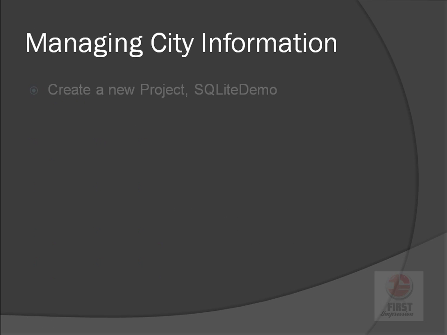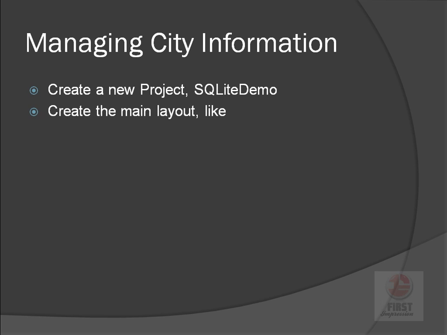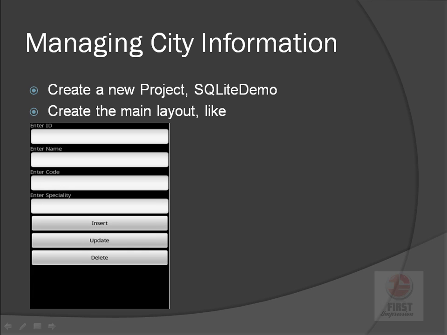Let's create a new project and call it SQLite demo and make the main layout look like this. Lots and lots of controls over here. Let me tell you how many controls we have on the screen. We have 4 text views: enter ID, enter name, enter code, enter specialty. We have 4 edit texts: txt ID, txt name, txt code, txt specialty.